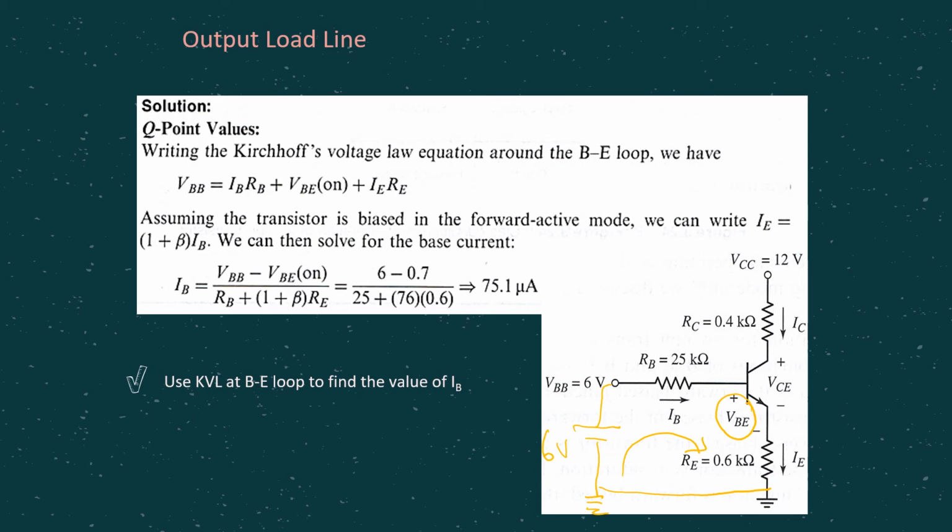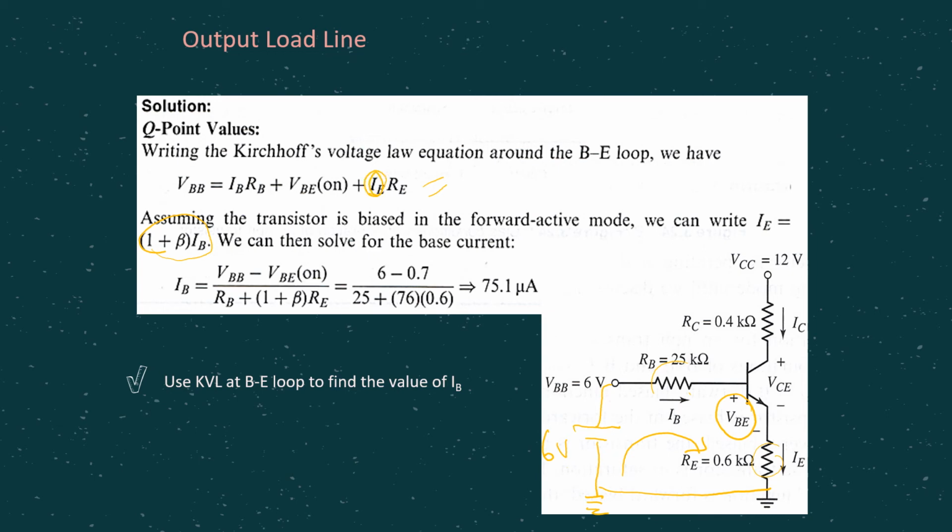If you do the KVL equation, you are supposed to get -6 plus IBRB plus VBE plus IERE. So that's why we are getting this KVL equation. Then remember, IE is actually equal to beta plus 1 times IB.